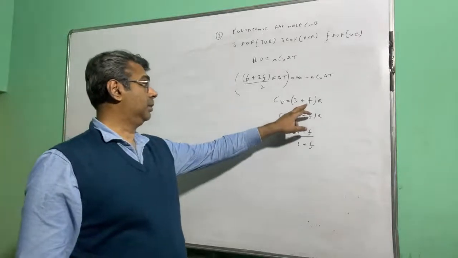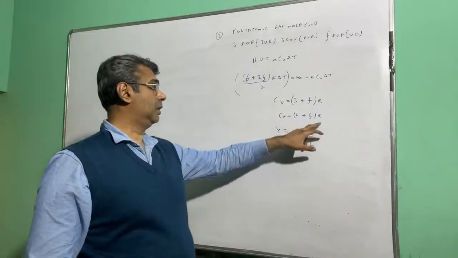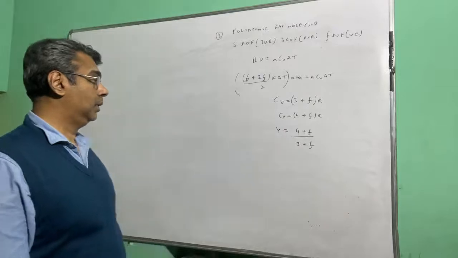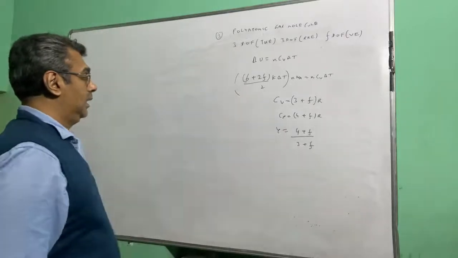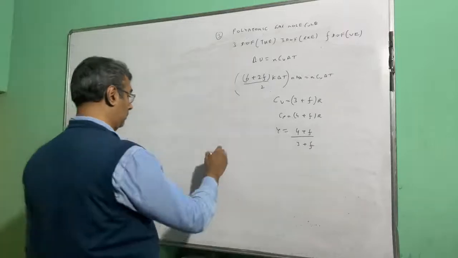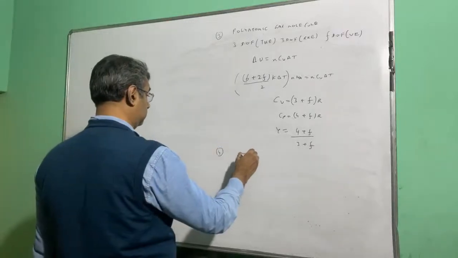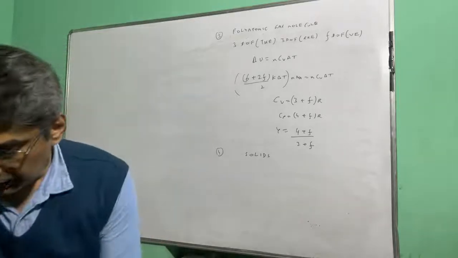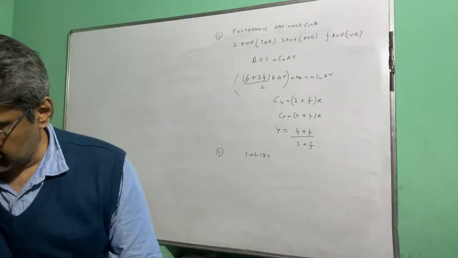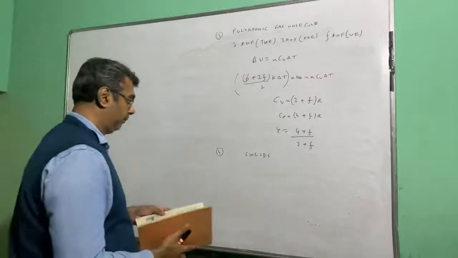So Cv is 3 plus f into R, Cp is 4 plus f into R. So gamma is 4 plus f by 3 plus f. This is for polyatomic gas. Okay. So after polyatomic gas, next is specific heat of solids.